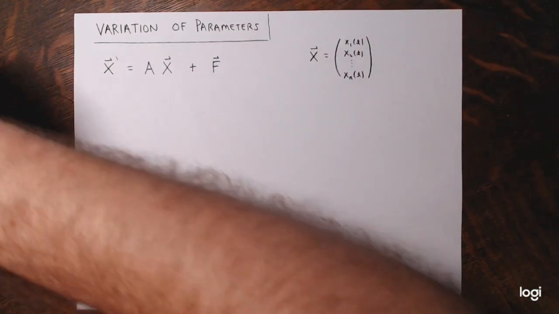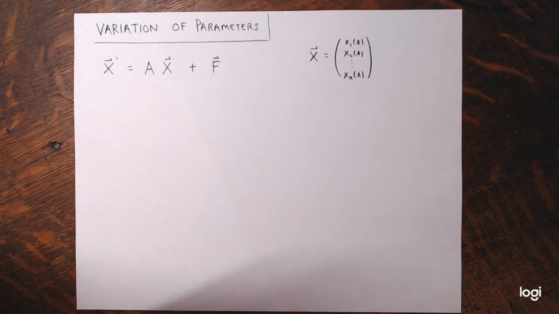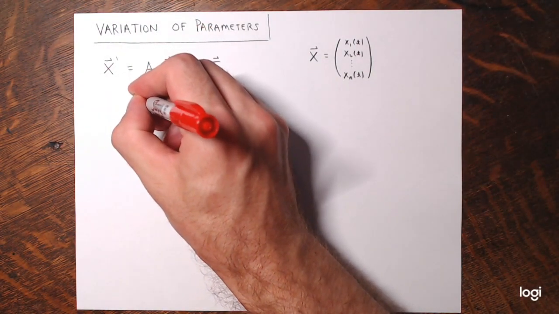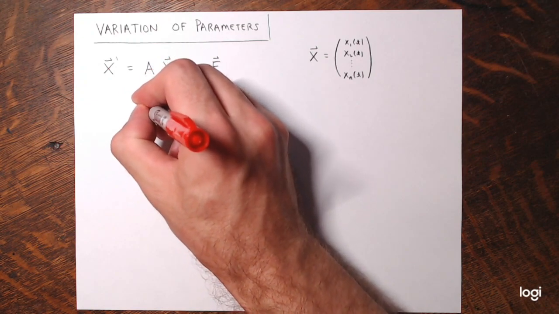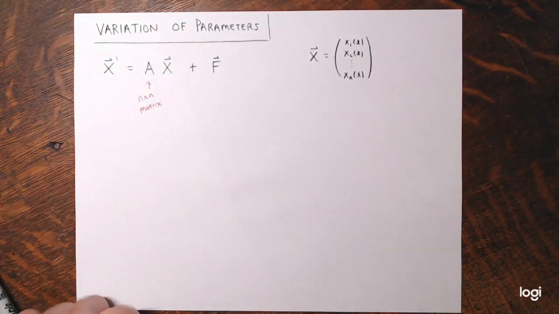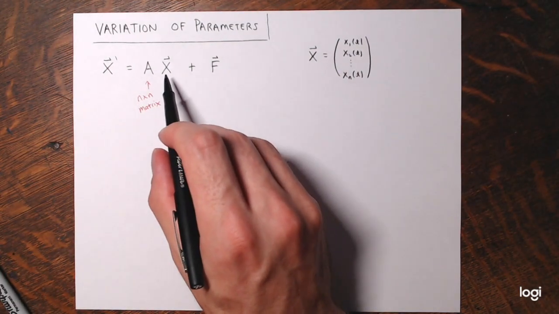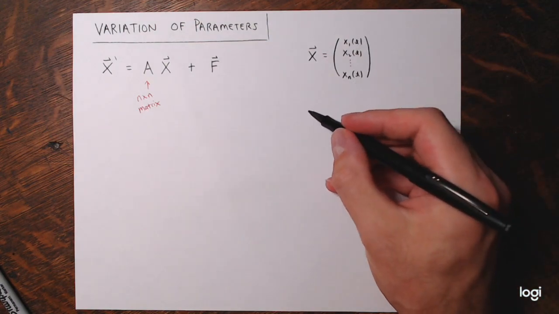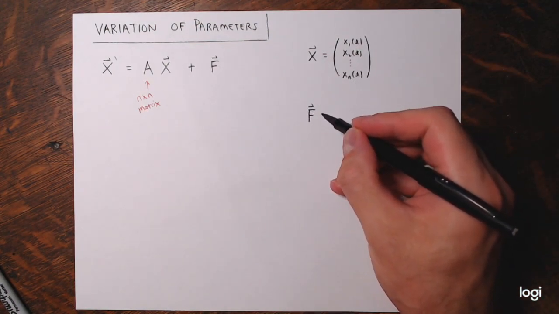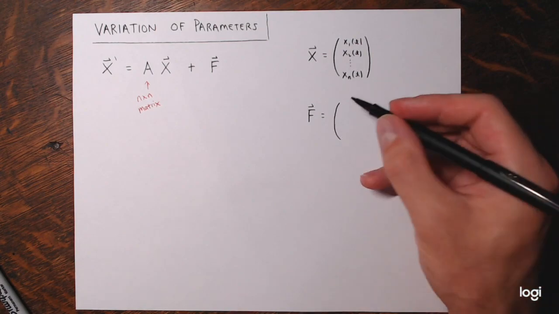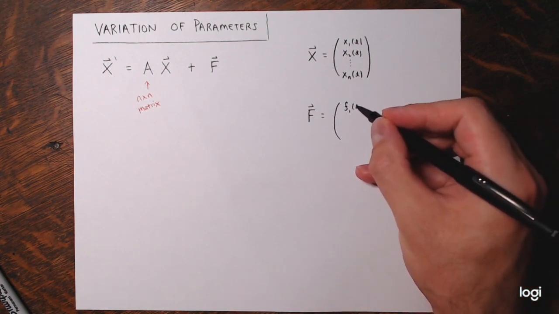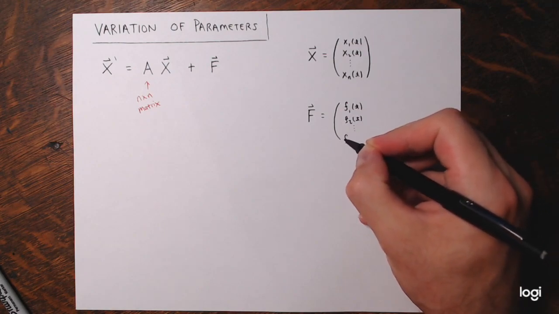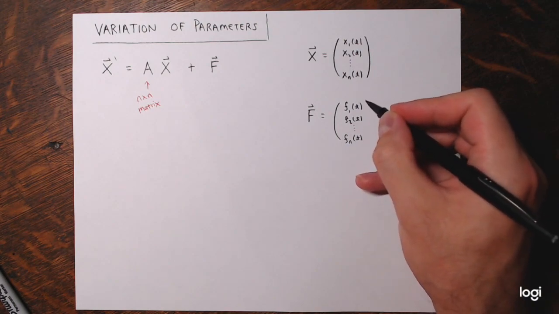If matrix A is an n by n matrix of coefficients, then this will be an n by 1 column vector with the n unknown functions, and f is just made up of some other functions of t. So say f1 of t, f2 of t, all the way down to fn of t.